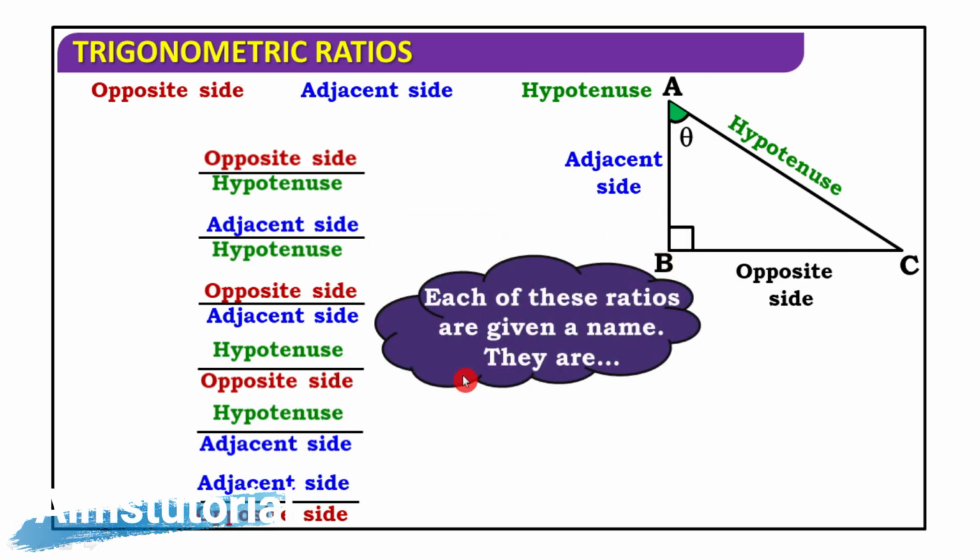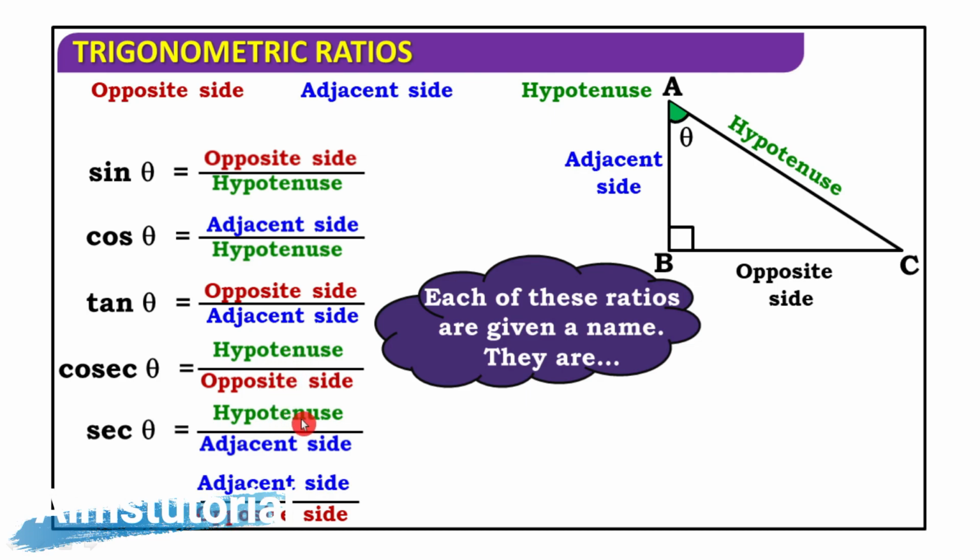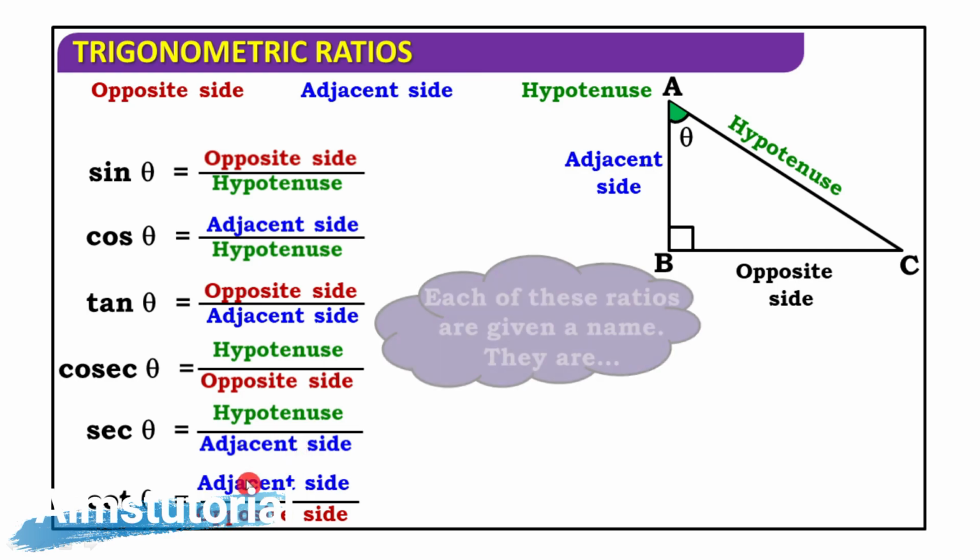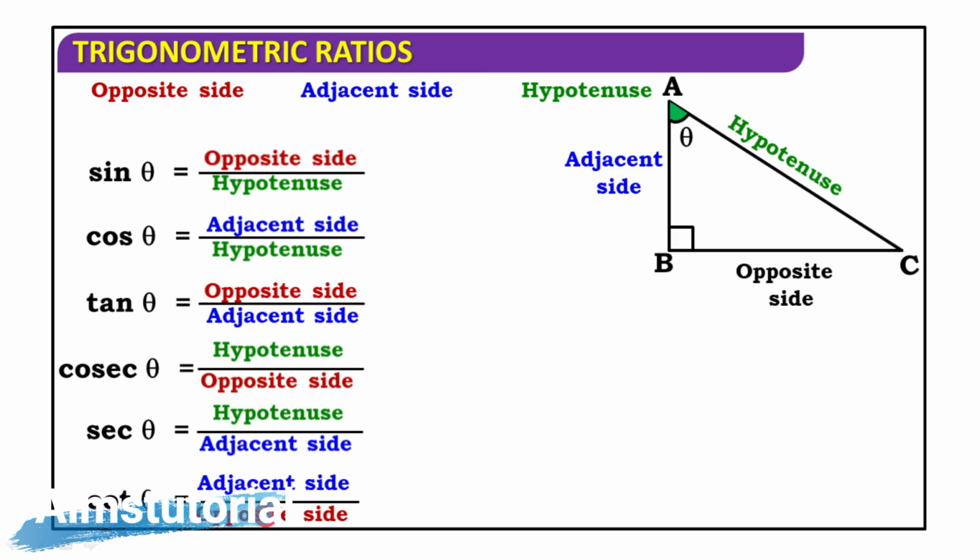Each of these ratios is given a name. They are sin theta, opposite by hypotenuse; cos theta, adjacent by hypotenuse; tan theta, opposite by adjacent; cosec theta, hypotenuse by opposite; sec theta, hypotenuse by adjacent; cot theta, adjacent by opposite.